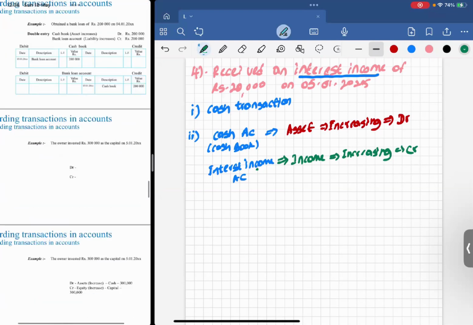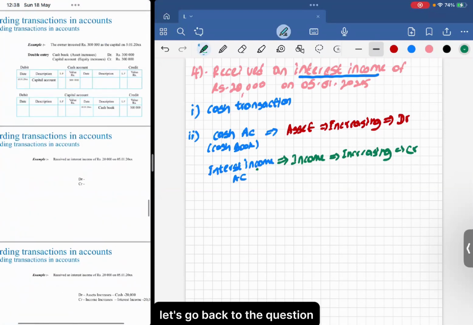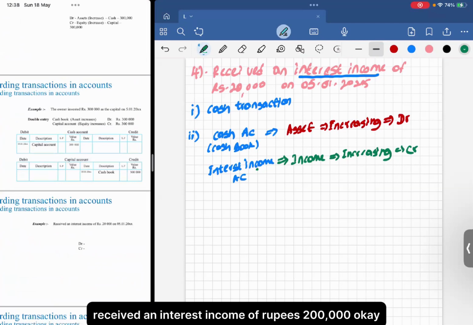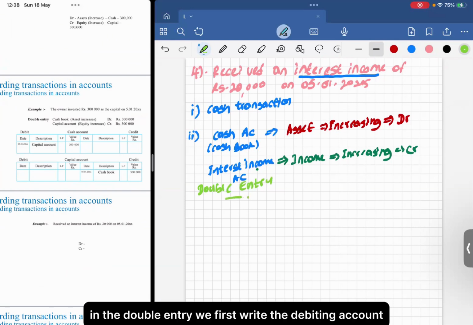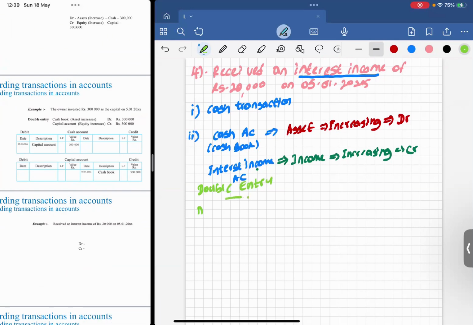Okay, let's go back to the question. Received an interest income of rupees 20,000. Now let's write down the double entry. In the double entry, we first write the debiting account.